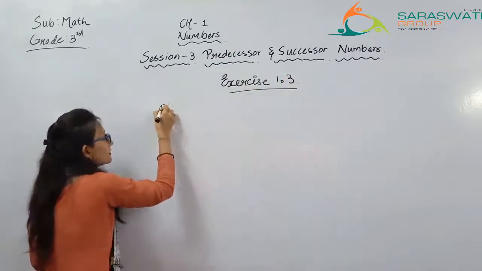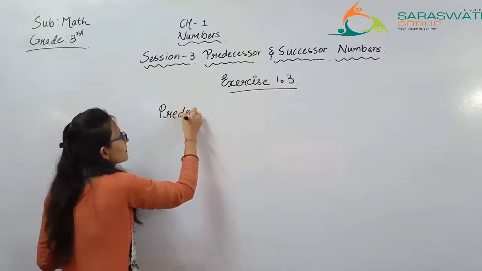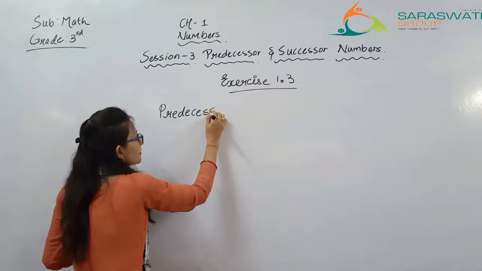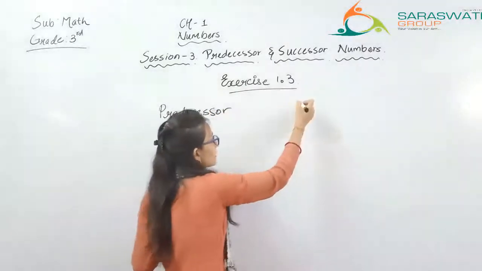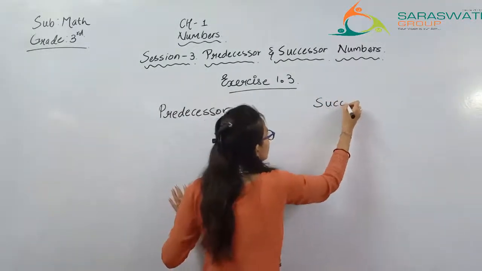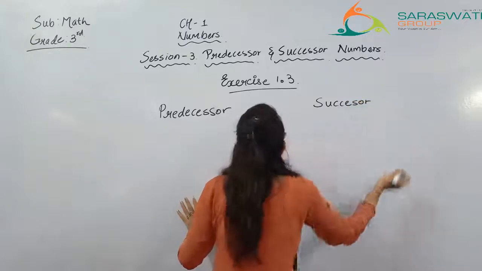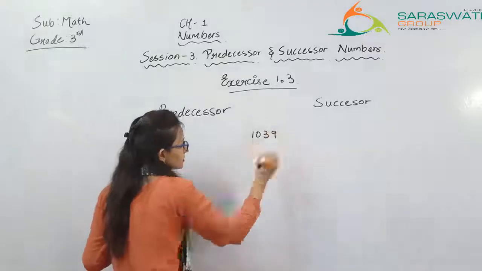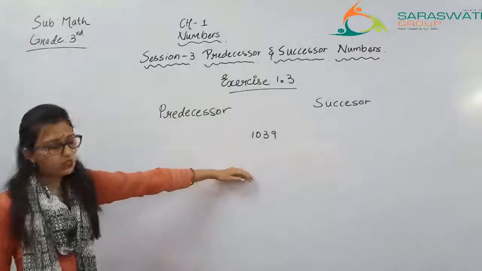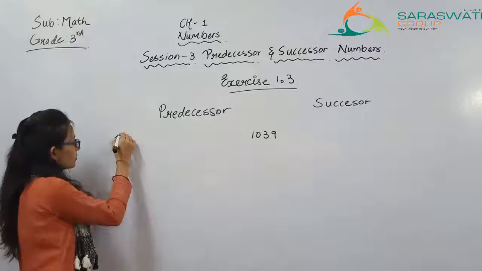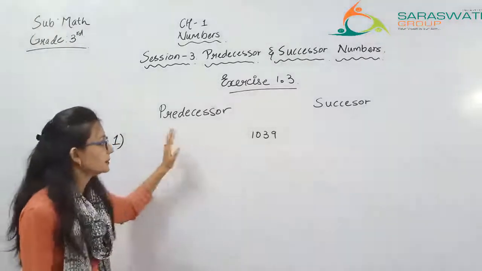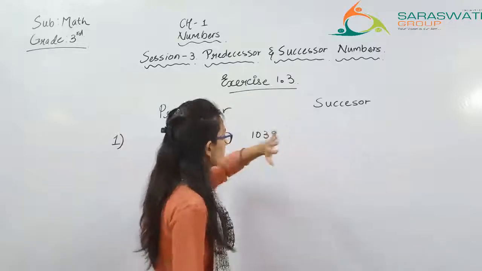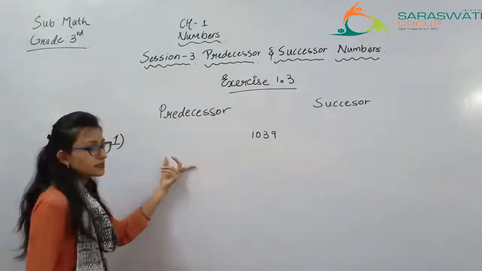Here I will write predecessor number, here I will write successor number, and here I will write the original number. 1039. Question number 1, sum number 1, 1039. Let us find one successor number as well as one predecessor number.